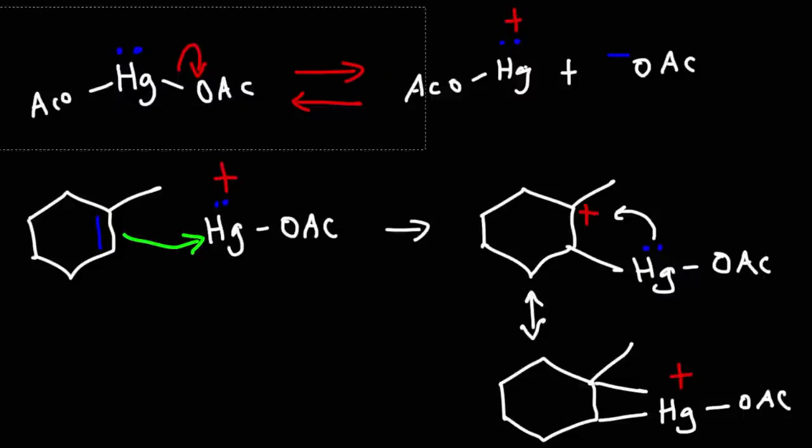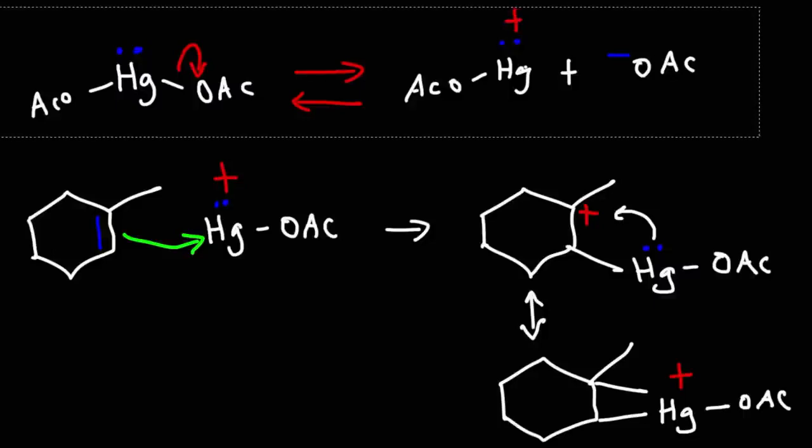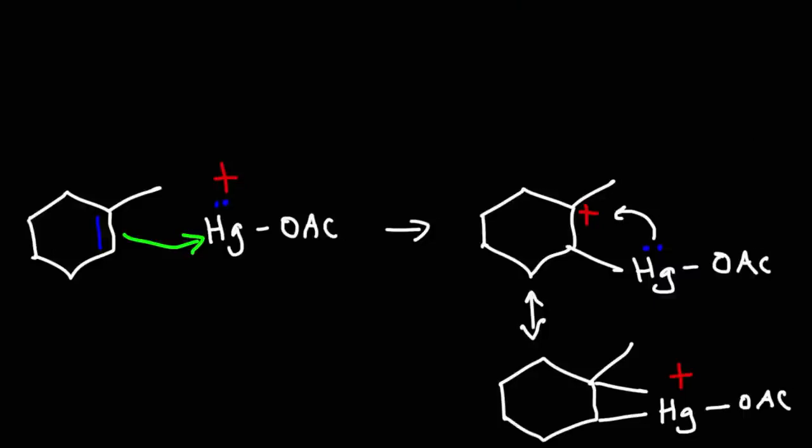So what we're going to do is draw a resonance hybrid to get a more accurate description of the intermediate of this step. So the resonance hybrid is going to look like this. Since this is the new bond that was formed, we're going to draw a dash for that bond.